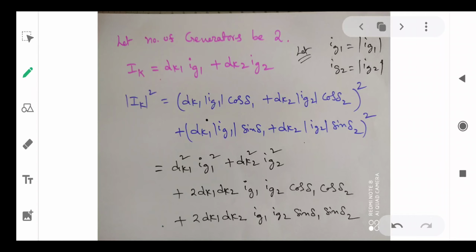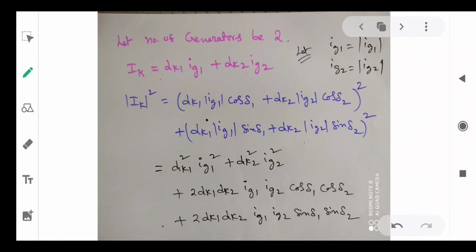So the first term, dk1 square Ig1 square into sin square delta 1 plus cos square delta 1, is equal to 1. dk2 square Ig2 square into sin square delta 2 plus cos square delta 2, that is equal to 1. Therefore, the first two terms are simplified.